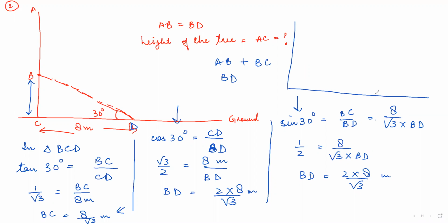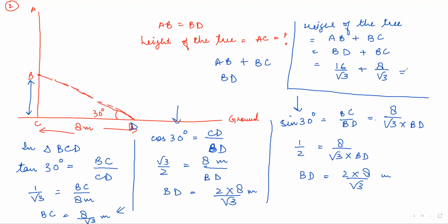Now the height of the tree is equal to AB plus BC. Now AB is actually equal to BD, plus BC. So BD you have 16 divided by under root 3 and BC you have 8 divided by under root 3. So 16 plus 8 becomes 24 divided by under root 3 meter.